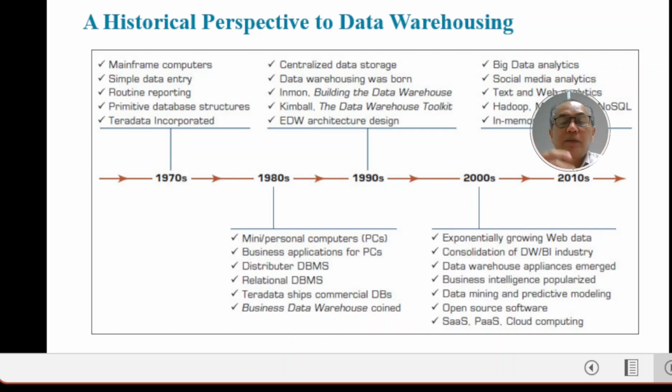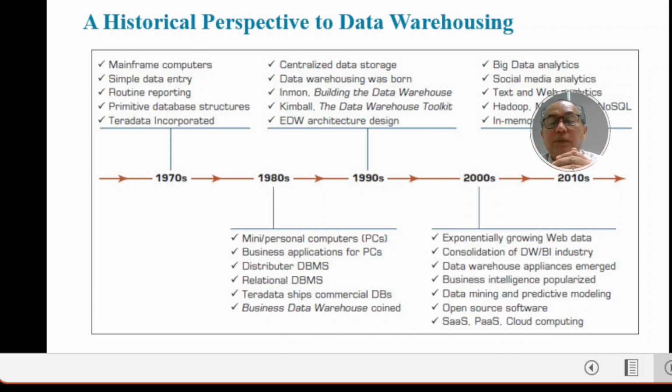And then we have the term business data warehouse coined. In the 1990s, we now have centralized data storage where data warehousing was formed. And then we have two different methods of developing a data warehouse, the Inmon method and the Kimball method. We will go through later what the Inmon method and the Kimball method are. And then we have the enterprise data warehouse architecture design.